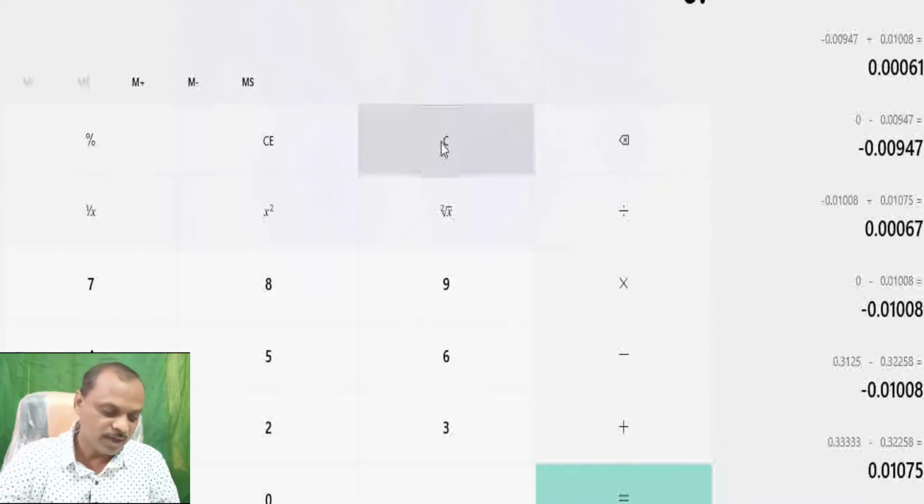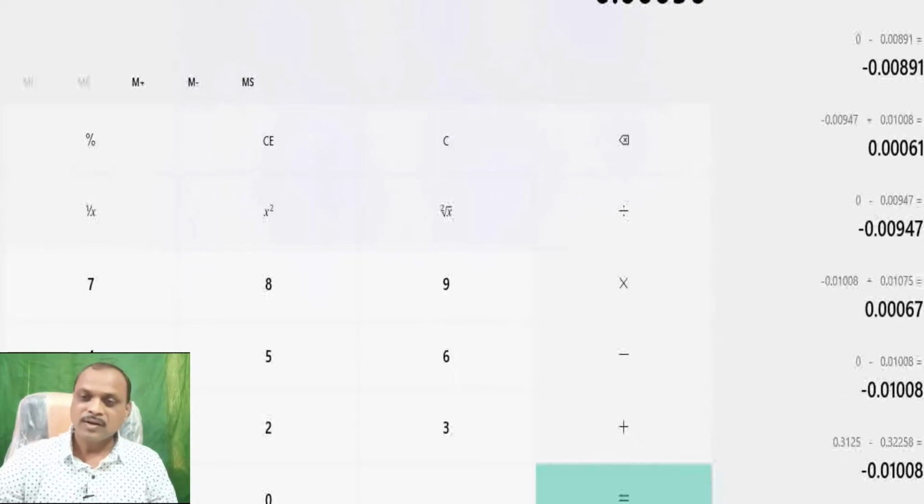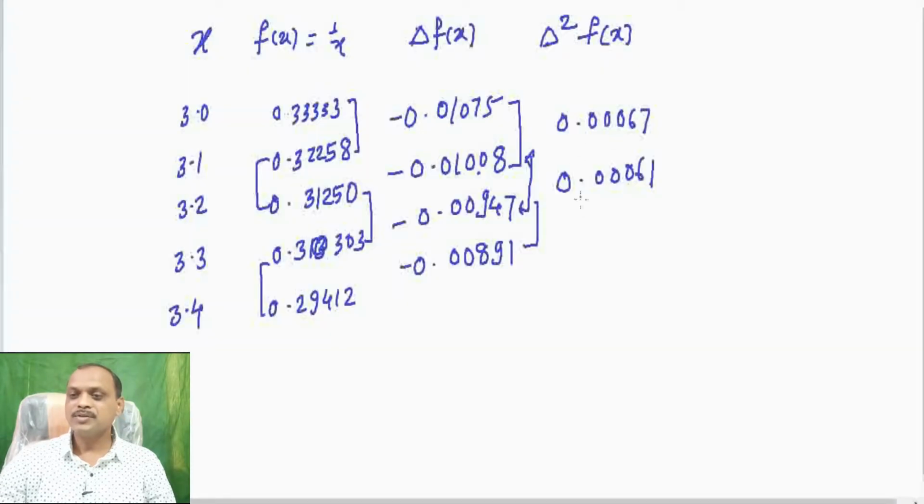Minus 0.00891 plus 0.00947, and this is equal to 0.00056. We get this second difference, 0.00056.